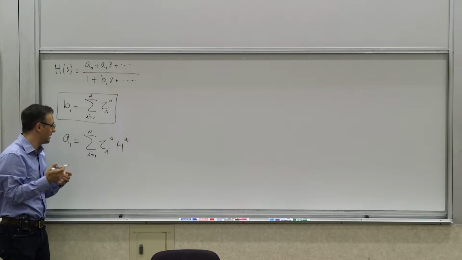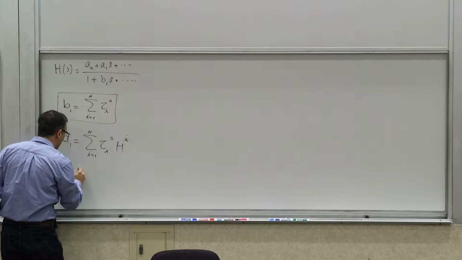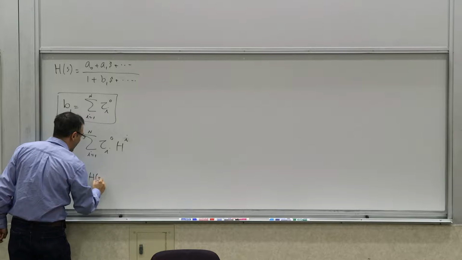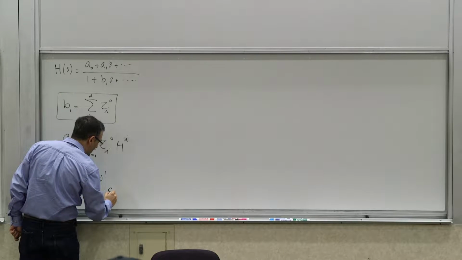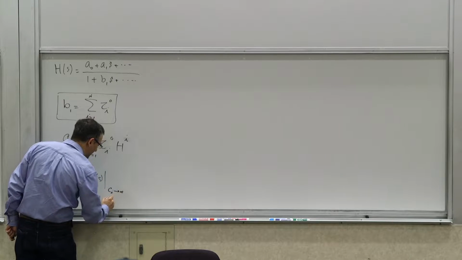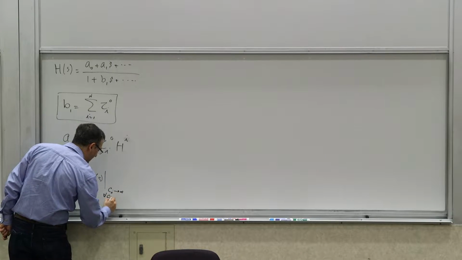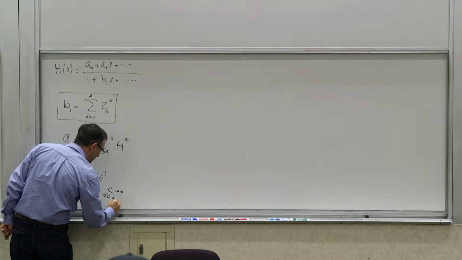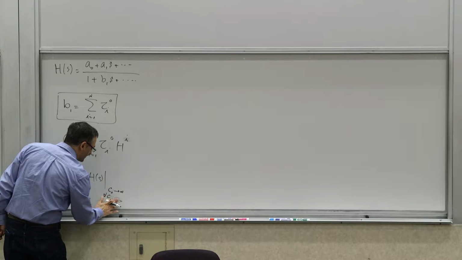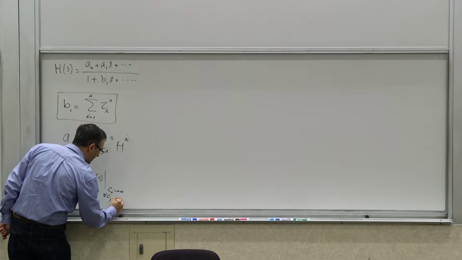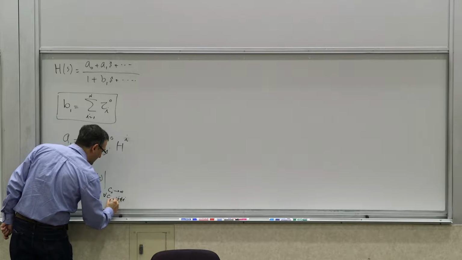So it would be a constant. In other words, Hi is H(s) for Ci going to infinity, and all Cj, where j is not equal to i, are 0.